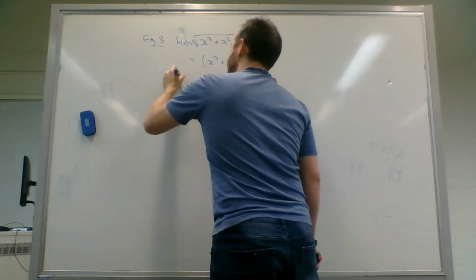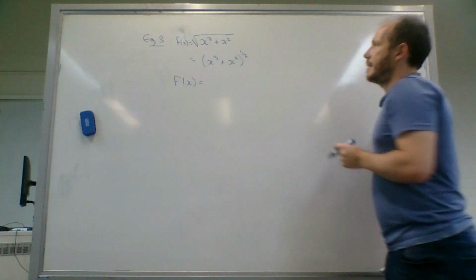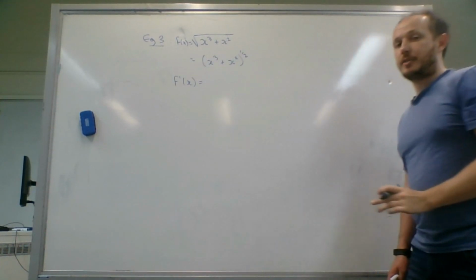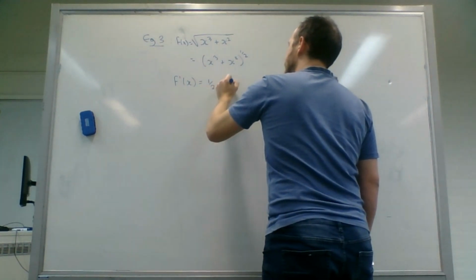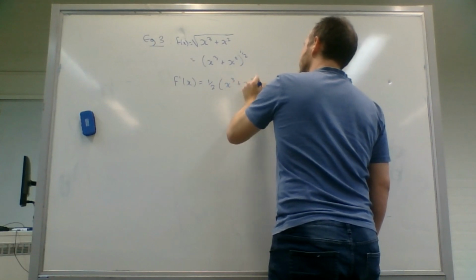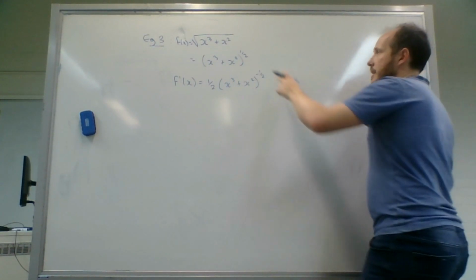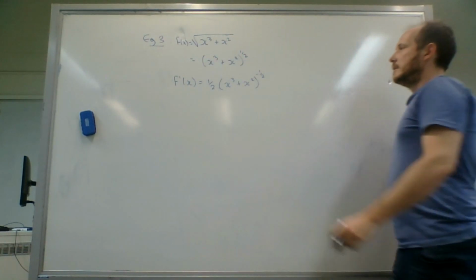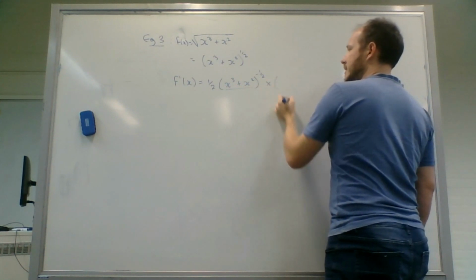So if I take the derivative, f dash x, again, I've got some function to a power, so I'm going to use the chain rule here. So half comes out the front, x cubed plus x squared to the minus half. So that's the first part. Multiply the power out the front, reduce the power by 1. Then I need to multiply by the derivative of what's in the brackets.